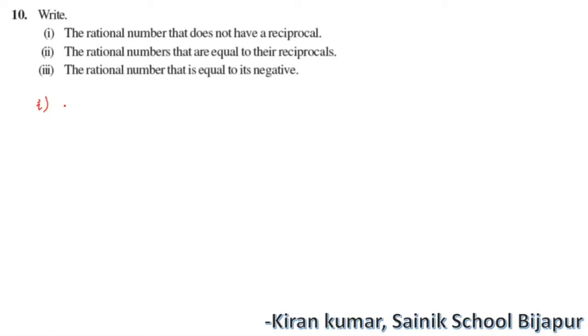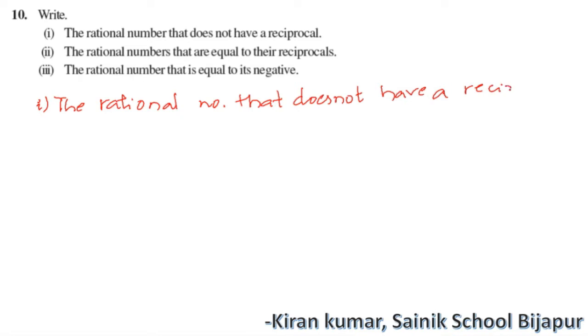For the first one, the rational number that doesn't have a reciprocal is 0 because 1 by 0 is not defined.